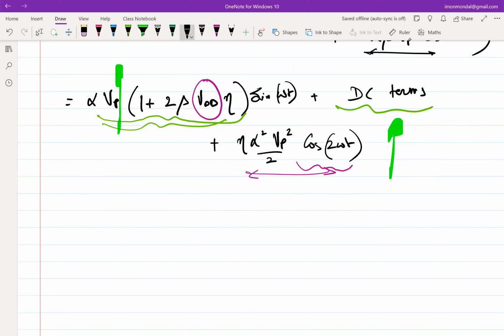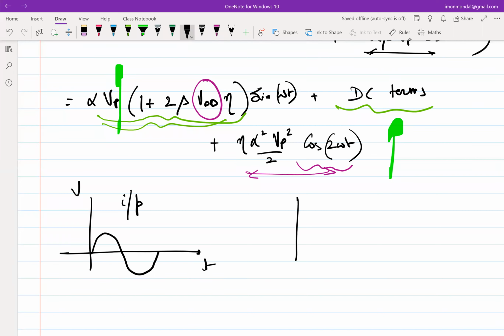So what are you getting? Your signal input is a sinusoid. This is T, this is V, this is input. What are you getting at the output? You are getting some DC. On top of that, you are getting an increased amplitude of your sinusoid.